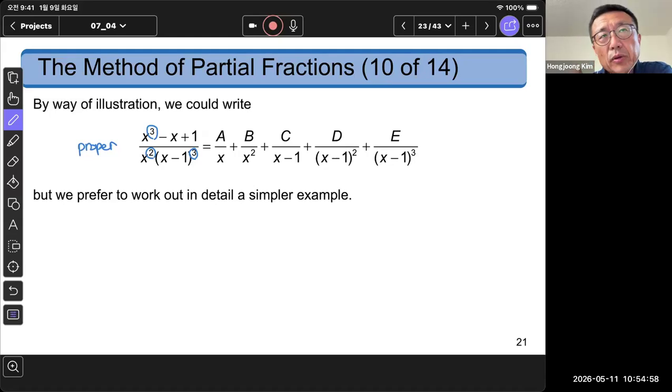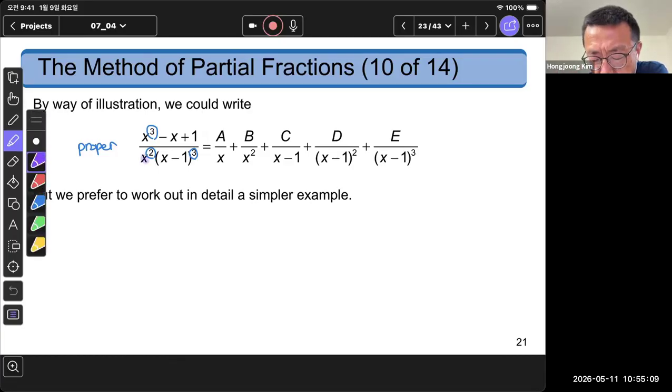Now, when I look at the denominator, x is repeated 2 times and x minus 1 is repeated 3 times. So this x squared will introduce two terms, a over x and b over x squared. You never increase the degree of the numerator. Numerators will be just numbers a and b, while the denominator is x squared.